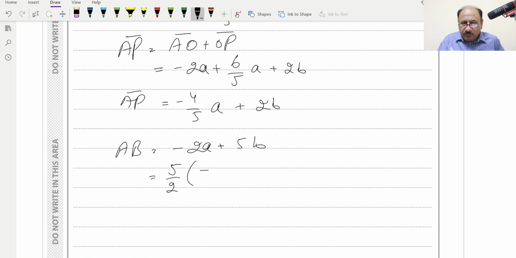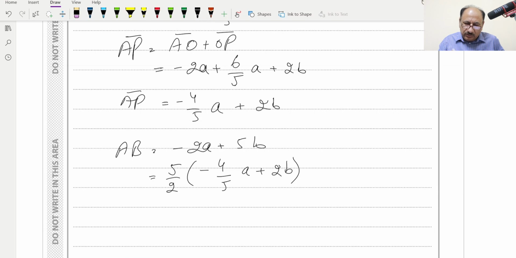So inside will be minus 4 over 5a plus 2b. If we multiply 5 by 2 with this one, 5 will be cancelled and 2 will be cancelled with 4, and we will get minus 2a. Similarly, if we multiply 5 by 2 with 2b, we will get 5b.